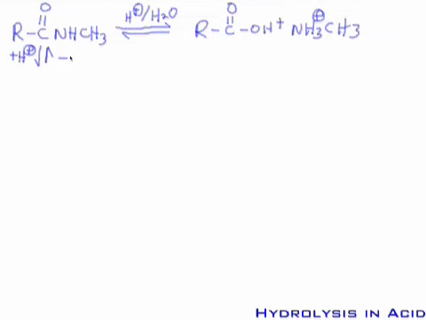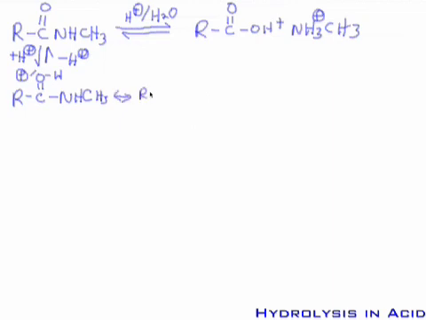Going back would be minus H plus. And we produce an R, C double bond O, H plus, and we have our NHCH3. And of course that is resonance stabilized with the carbocation.